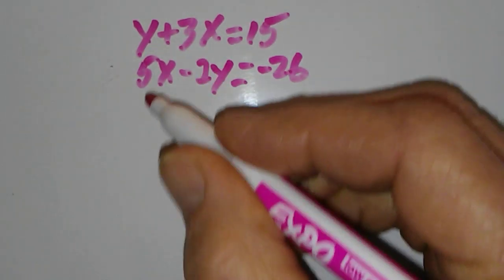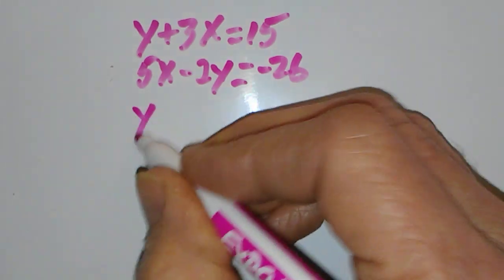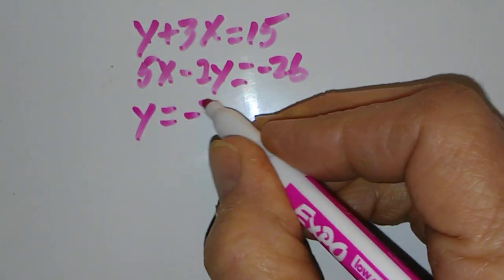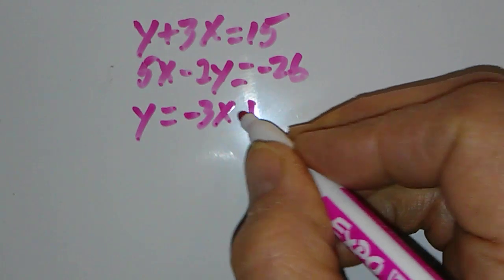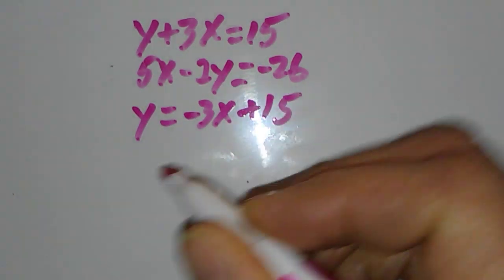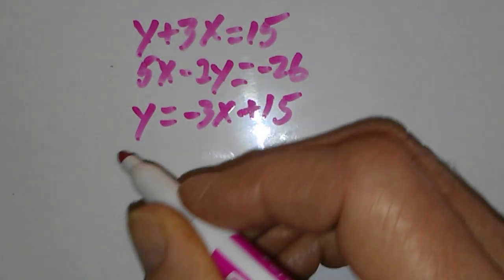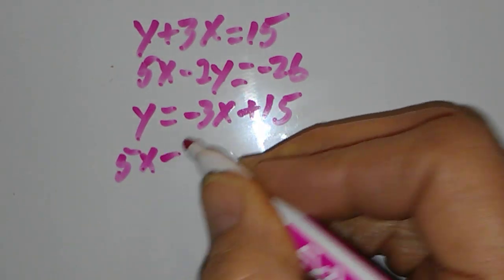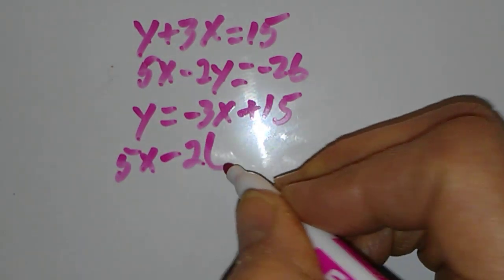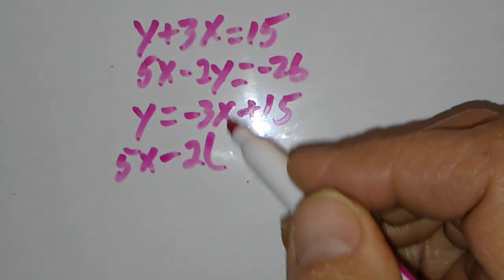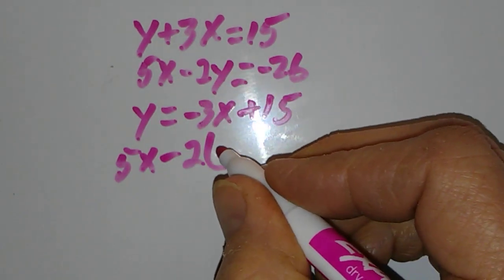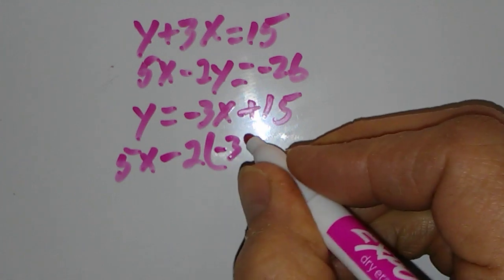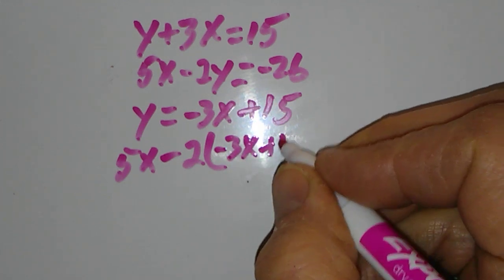Okay, so we take that first one, we change it to y equals minus 3x plus 15. And we're going to substitute it in the second one. So we got 5x minus 2 times what? What's y? Minus 3x plus 15.